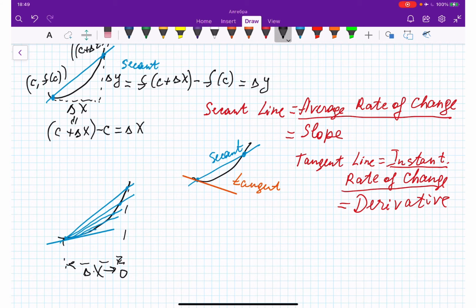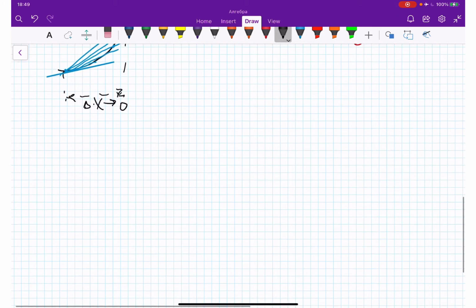Let's start, since I gave you some idea, solving some basic problems. We need to find the slope of the graph of a linear function.